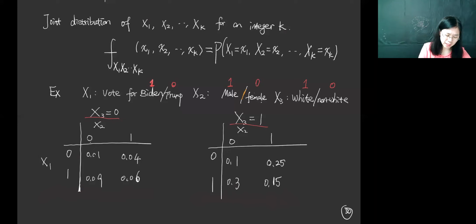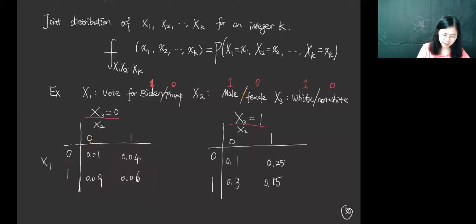Each table has 4 cells, and these 4 cells represent the probabilities corresponding to the 4 pairs of values for x1 and x2. For example, 0.01 is the probability of x1 equals 0, x2 equals 0, and x3 equals 0.